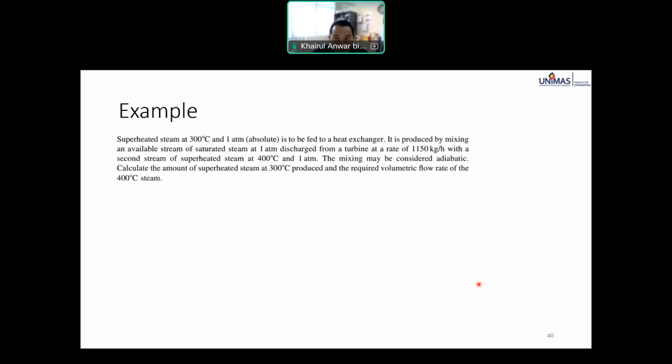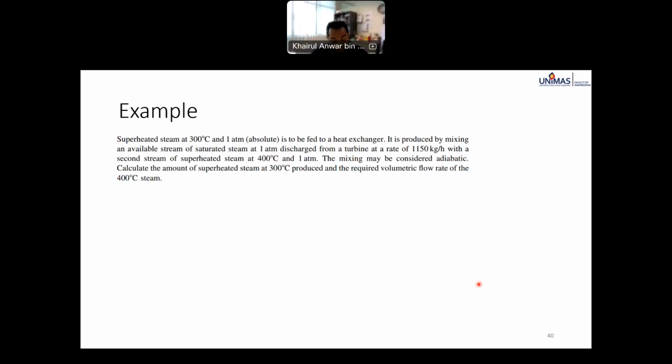So first of all, you need to draw the flow diagram. This is a mixer, as the name implies. A mixer must be mixing something, so to mix something you need at least two streams for the inlet.